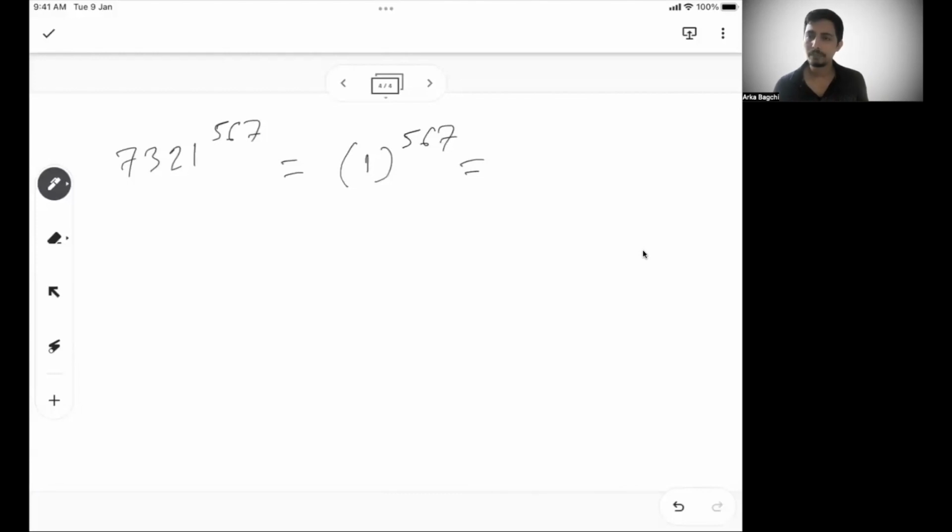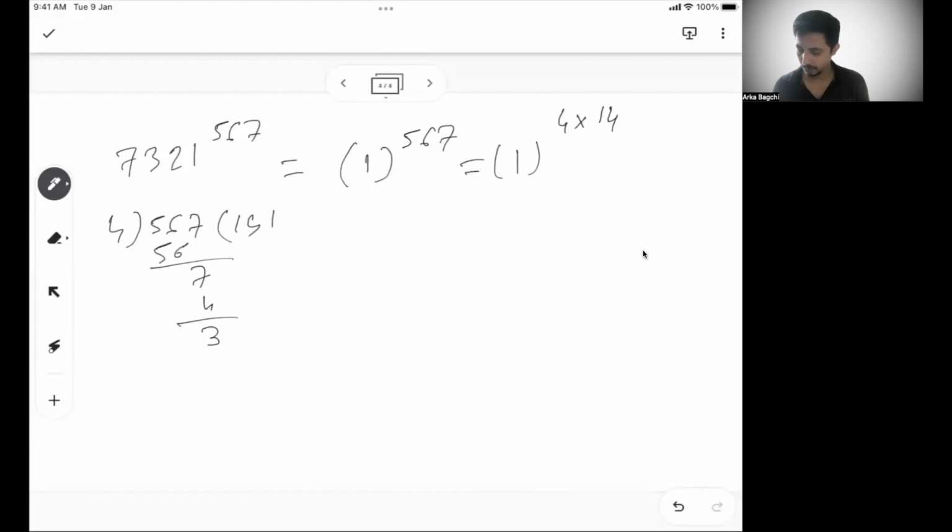But even if you don't remember that, you can just divide 567 by 4. 4 14s are 56, 7 comes down, 4 ones are 4, so 3 is my remainder. So this is 1 to the power 4 into 141 plus 3. It is the same as 1 cubed, so the last digit is 1.